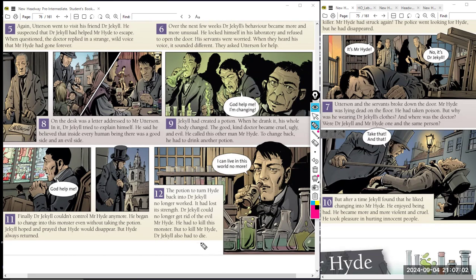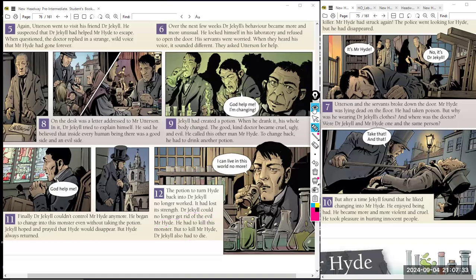Dr. Jekyll could no longer get rid of or control the evil of Mr. Hyde. Okay? So this is why he had to kill himself to stop the evil.